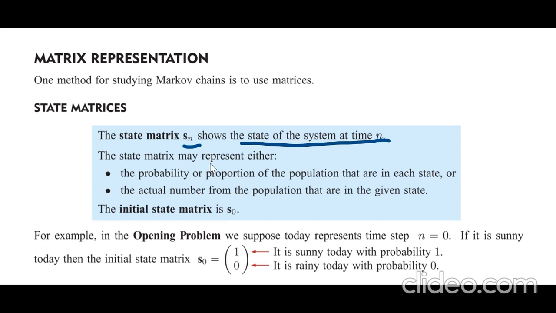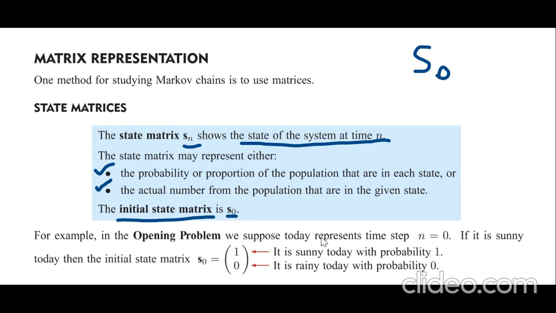A state matrix may represent either the proportion of the population that is in each state or the actual number of the population that is in the given state. As I told you, the initial state matrix is the first matrix to start with and it is represented by S0, something like this.